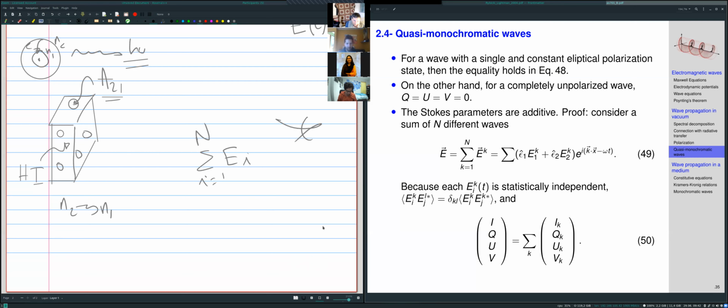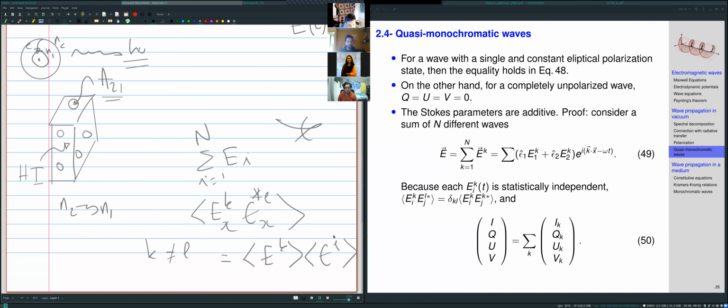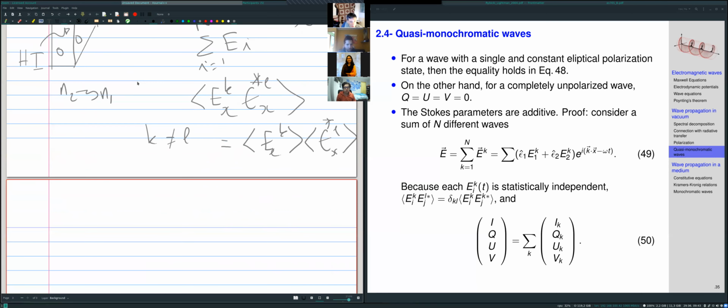What I'm trying to say is, in exactly this example we're looking at, when I take some component times another component, let's focus on the X component, for instance, usually we take the complex conjugate. If K is not L, if we're looking at two different places in the nebula, then these two are statistically independent, and so we factorize. And since these are algebraic quantities, they can be either positive or negative.